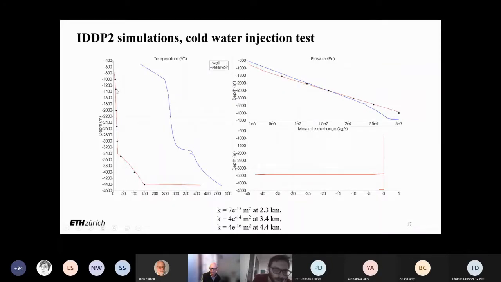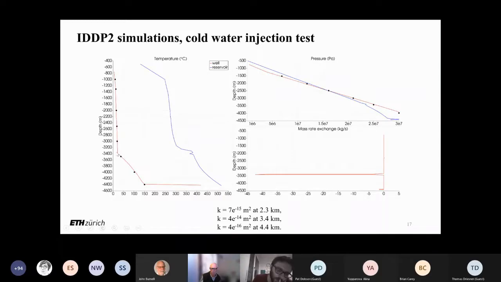And these black dots again represent the temperature profile measured in the well during this cold water injection. Here in particular, you see a big bend in the temperature profile. This means that there is a big outflow of this cold water in this area.